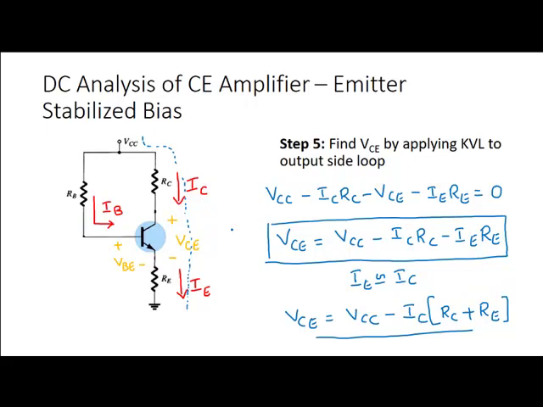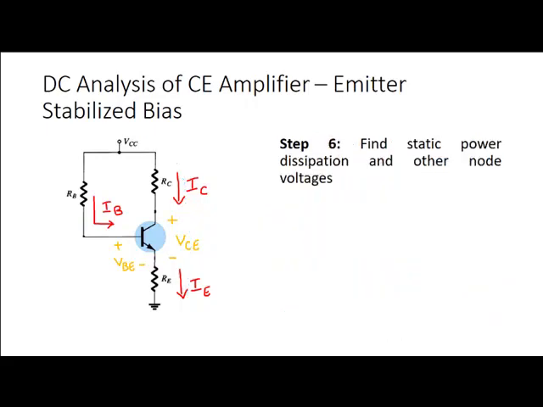Next, we shall find out the static power dissipation of the BJT and also the other node voltages. Static power dissipation is denoted as PD, which is equal to the voltage across the device times the current flowing through the device. Voltage across the device is VCE and current flowing through the device is IC. Here we are assuming that IC and IE are both approximately the same.